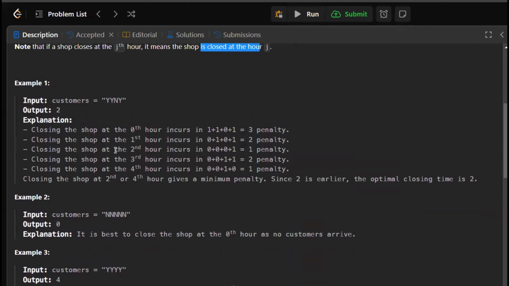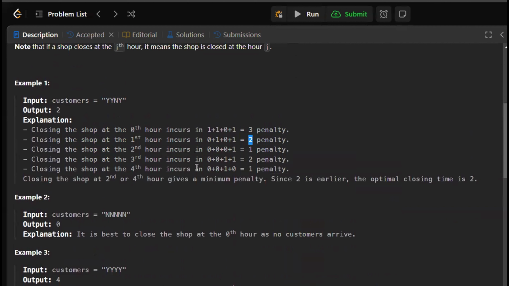So now let's consider this first example. Here we can see that it has a log of 4 hours, which is Y, Y, N and Y. Closing the shop at the 0th hour will incur 3 penalty. Similarly, closing the shop at the first hour will incur 2 penalty, and so on.